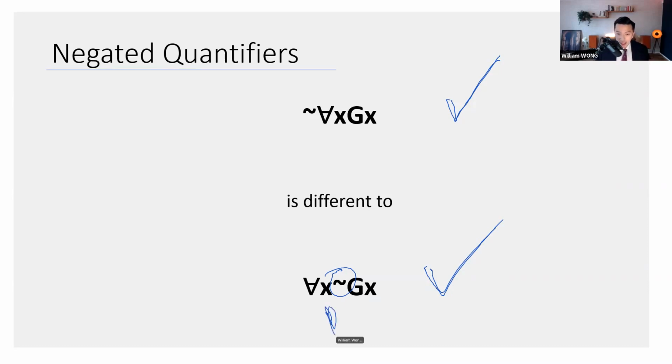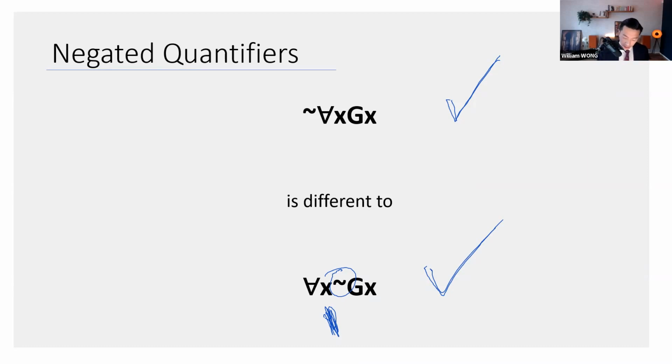What about this? Let's read it out. Sorry, I misspoke. This, I think, is better captured by the English sentence: for all x, it is the case that it is not green.